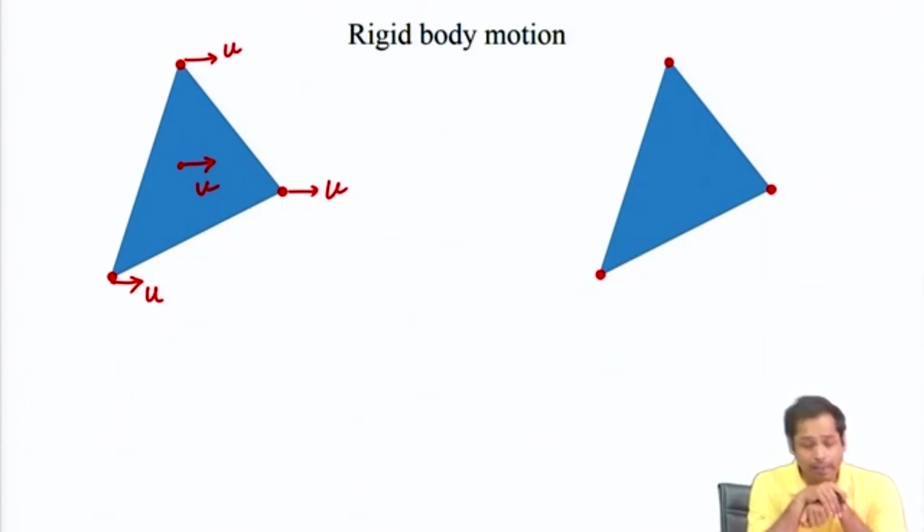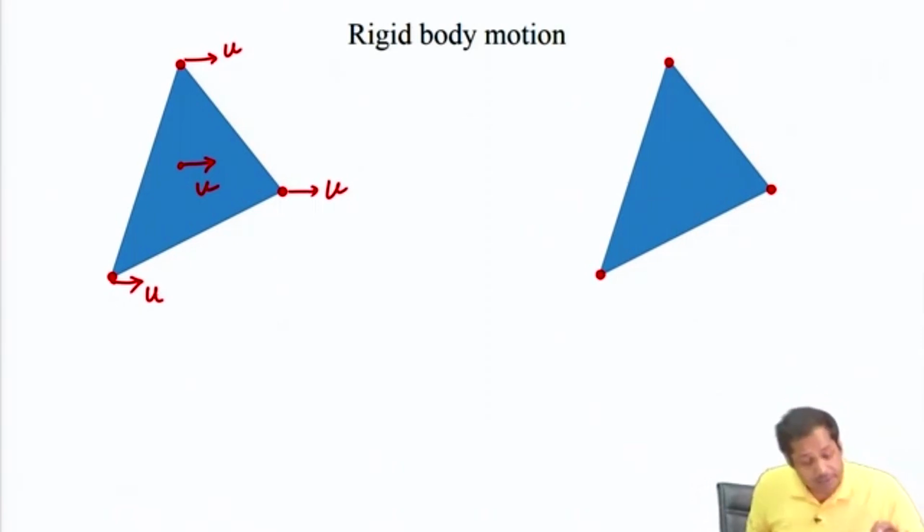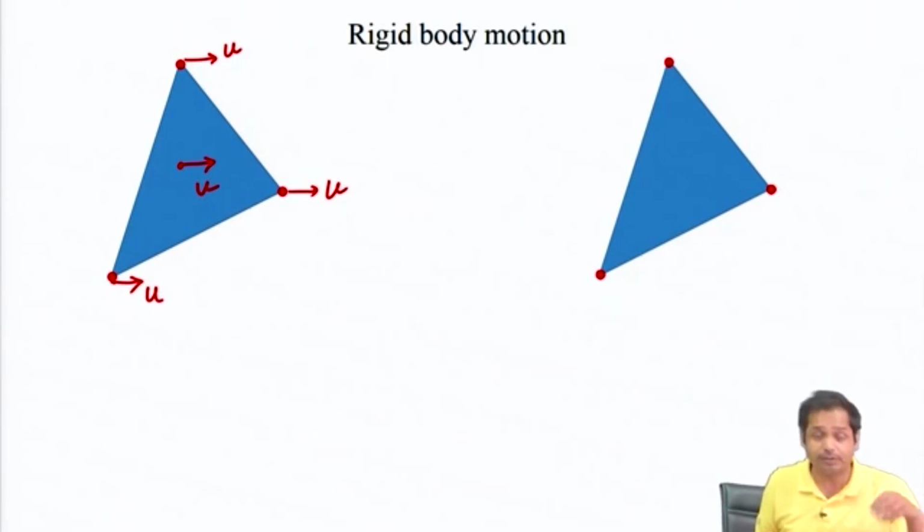Now, how do we approximate the field variable at any arbitrary point within the element? We approximate it through the shape functions. We know the nodal values, and through the shape functions we can get the value at any arbitrary point.